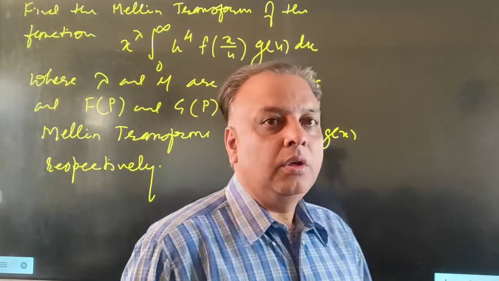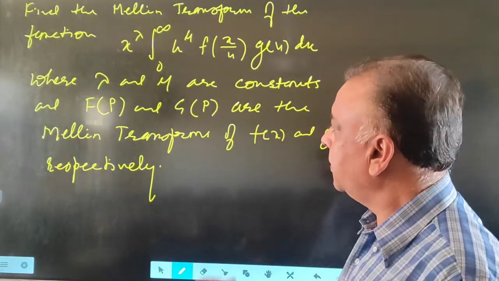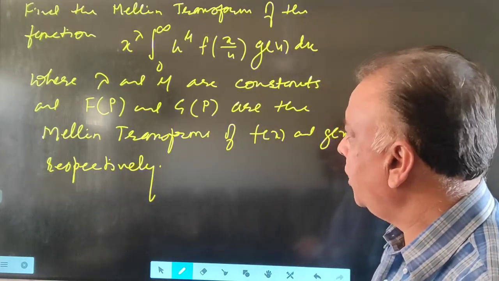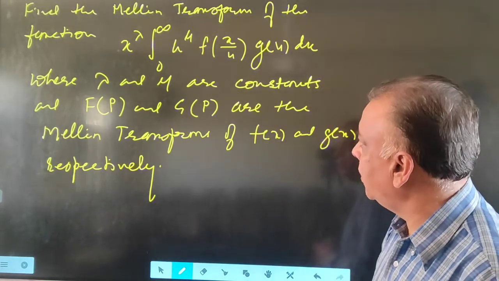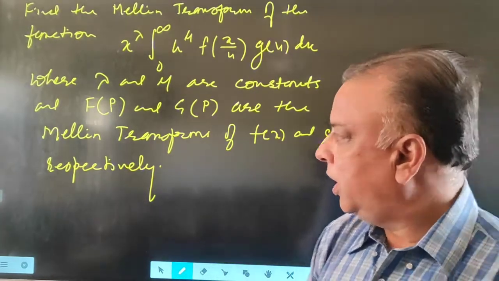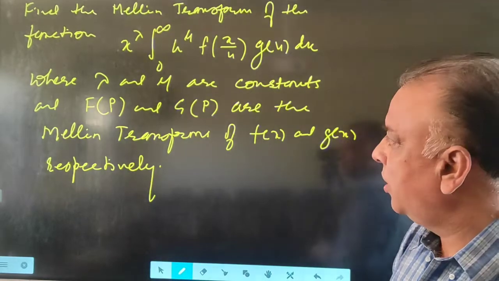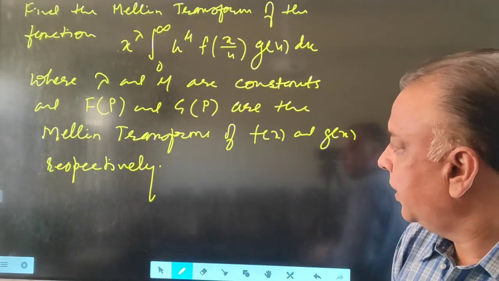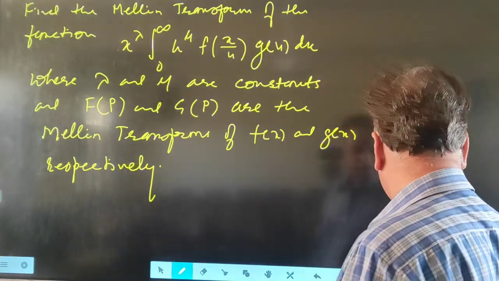We have to first find the Mellin transform of the function which is given as x raised to lambda integral 0 to infinity u raised to mu f of x upon u g of u du. Lambda and mu are constants and F(p) and G(p) are the Mellin transforms of the functions f(x) and g(x).